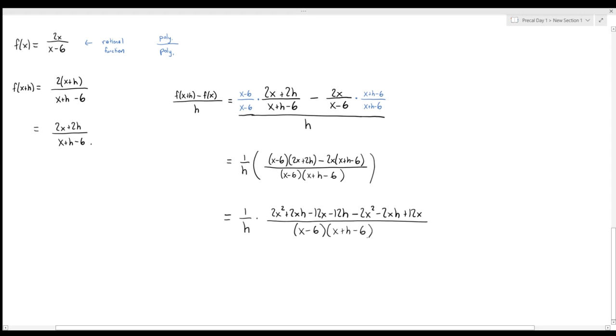The reason we wanted to multiply out the numerator is because at some point we need to get an h in the numerator that will factor out with the h in the denominator. So to get to that point, we first wanted to multiply everything out, okay?